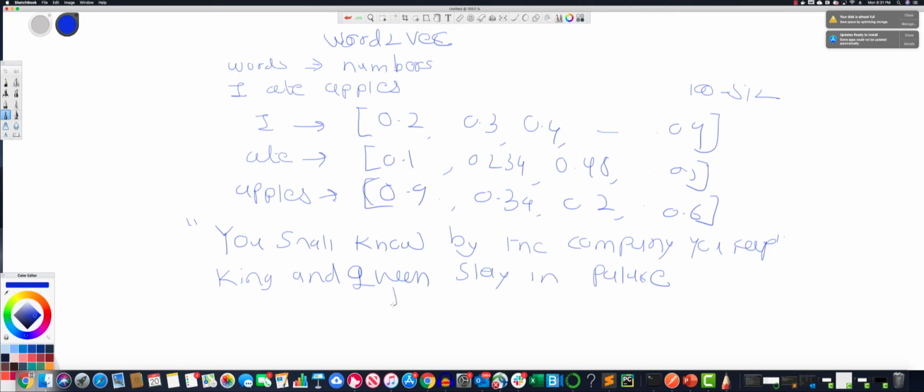So queen will be represented by the vector of king and palace, whereas king will be represented by a vector of queen and palace. This is called representing a word by its nearby words, known as word2vec, and there are two popular ways in which we can do this. One is called continuous bag of words, and the second is called skipgram, and we'll learn about each one of them soon.